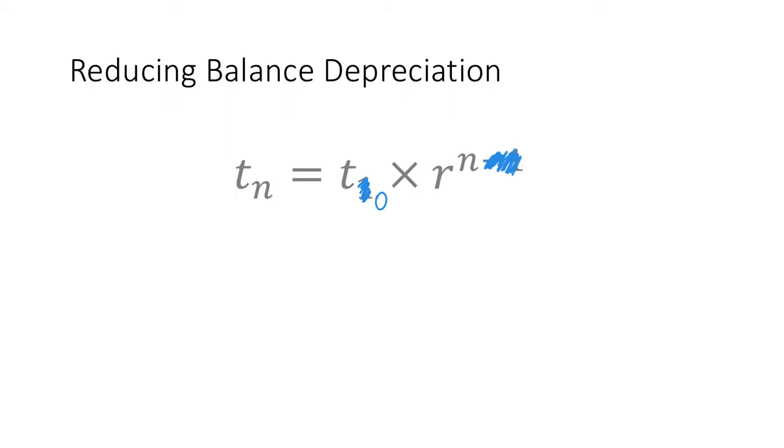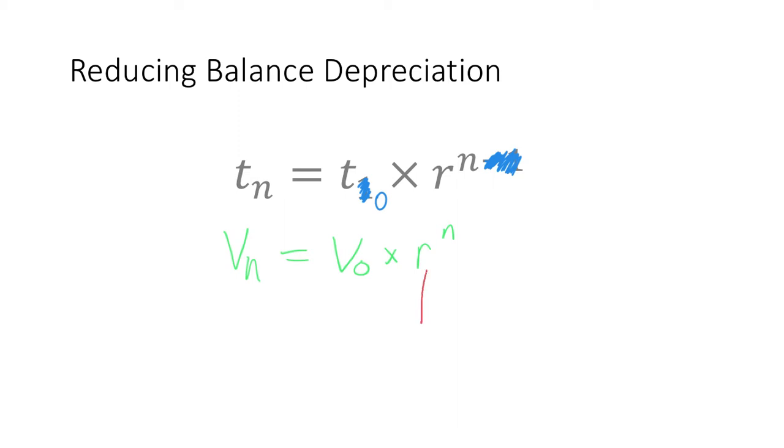Now when we write the formula, you'll often see V for value being used instead of T. So for reducing balance depreciation, the formula that you'll often see and can use is Vn equals V0 times r to the power of n.